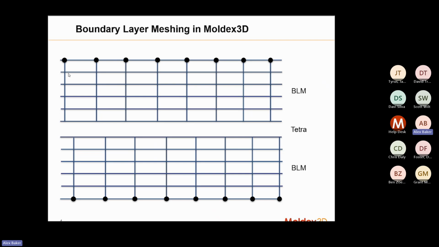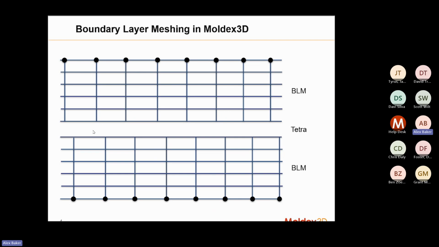Actually, in an ideal world, we would be able to extrude these nodes all the way from the top surface to the bottom surface. But in order to do that, we would have to have the exact same node array between the top surface and the bottom surface, which just really isn't possible for any reasonable geometry. Maybe for something like a plaque or a dog bone or some sort of regular shaped object, that would be possible.